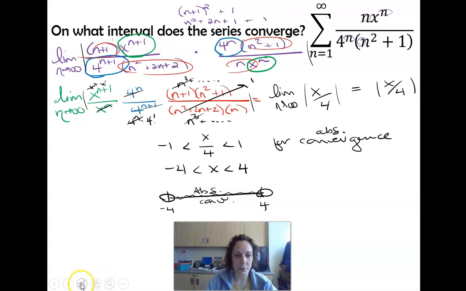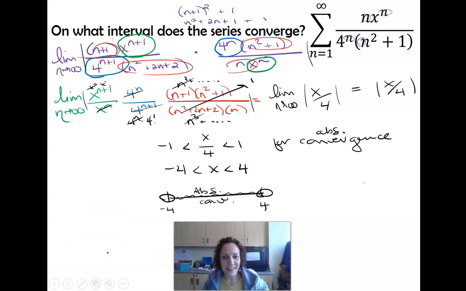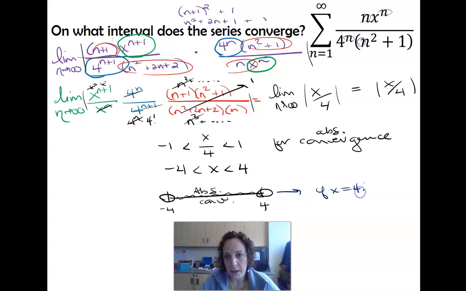So let's test those endpoints, shall we? I like to start with the one that isn't going to give me an alternating series, so I'm going to start with 4. If x equals 4, let's see what happens to our series.